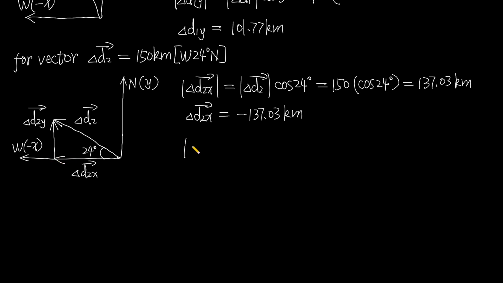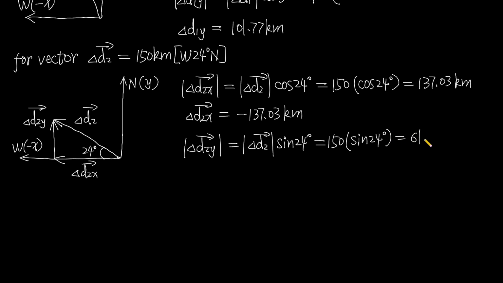Then the magnitude of delta d2y just equals the magnitude of delta d2 multiply sine 24 degrees, and this equals 150 multiply sine 24 degrees, and this equals 61.01 kilometers.